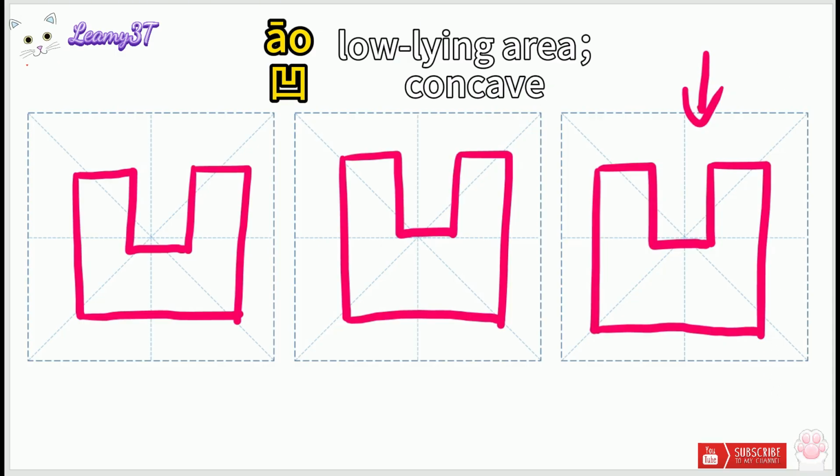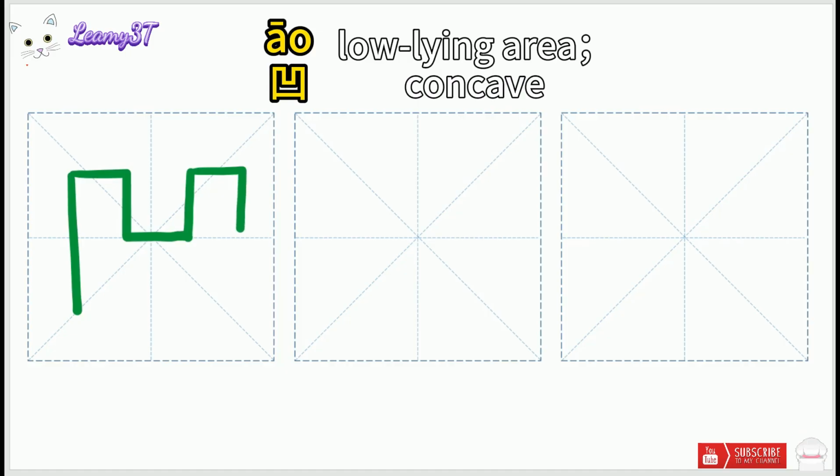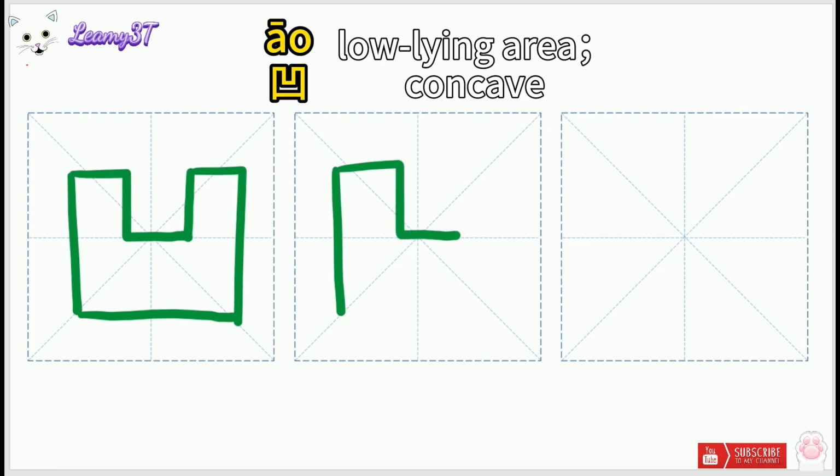One more page. 横折折 Use the grid lines to help you. 横折横横折折横折横 This one is not very good.